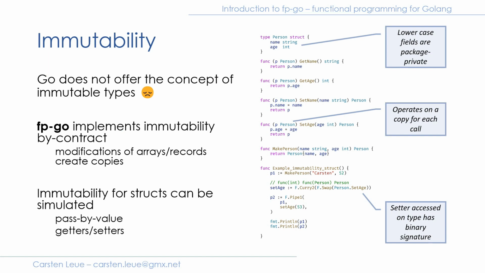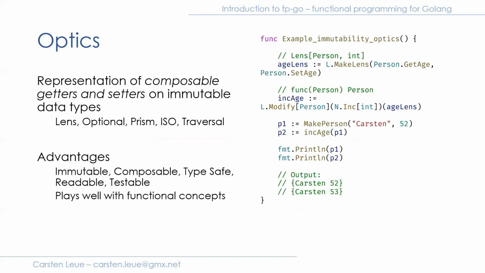But sometimes data structures are just too deep and you don't want to create a full copy. In this case, the optics implementation of the fp-go library helps out. The optics implementation can create lenses and modifiers on lenses on data structures, and the implementation makes sure to only copy those portions of the data structure that are really modified by a lens or an optional or whatever optics concept we use.